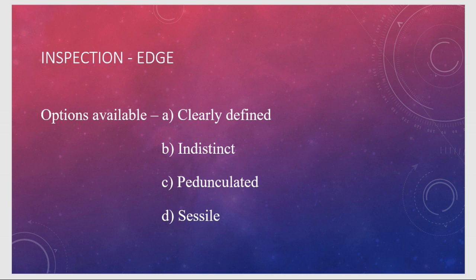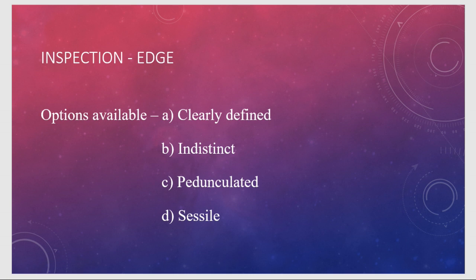There is no stalk, no hanging in sessile swellings, right? Indistinct means the edge is fused or the margin is almost indistinguishable with the surrounding structures, and clearly defined means obviously having a well-defined edge or margin.